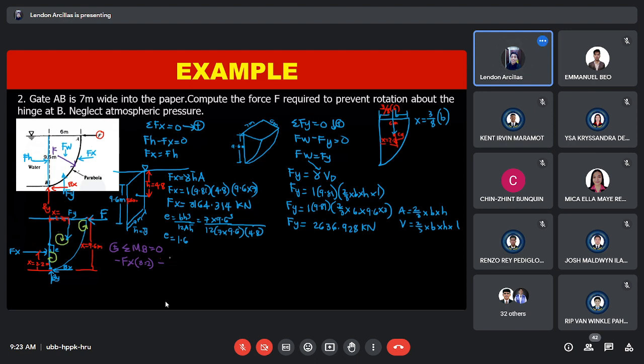So that is F of y times 2.25. Lastly, yung unknown natin is positive kasi counterclockwise siya, plus F, and location from B is 9.6, equal to 0. So we do have values for this one. Sinasolve natin.